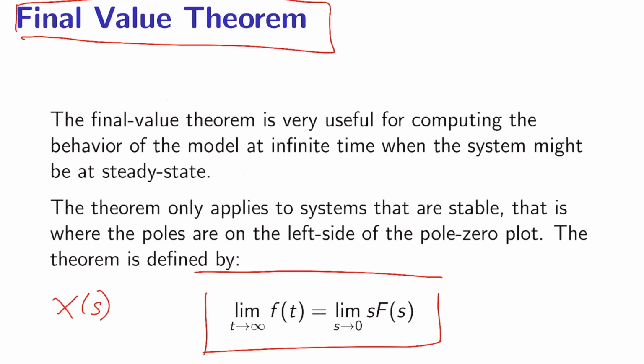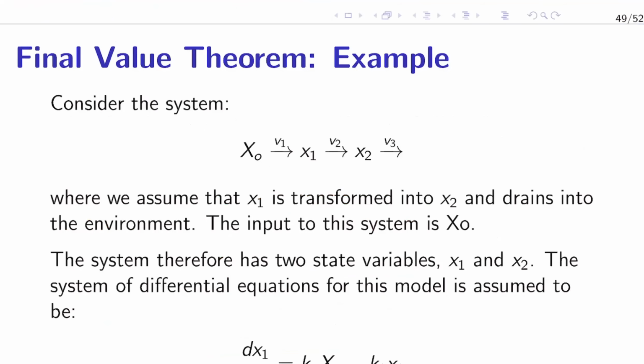What's amazing about this final value theorem is it'll take the transform X of s and give you immediately the actual steady state value. You don't have to do the inverse transform or anything. If you do this, it gives you the value f of t at infinite t. Okay, so let's see this in operation.